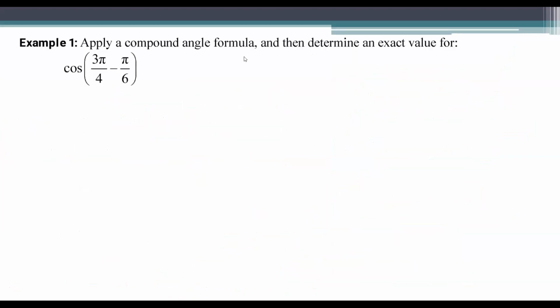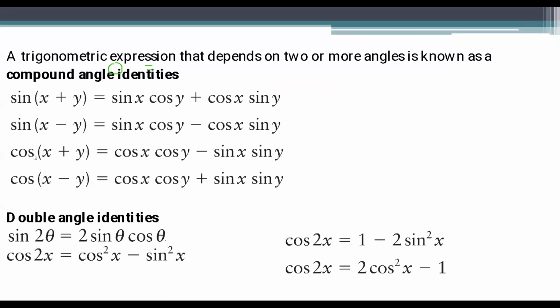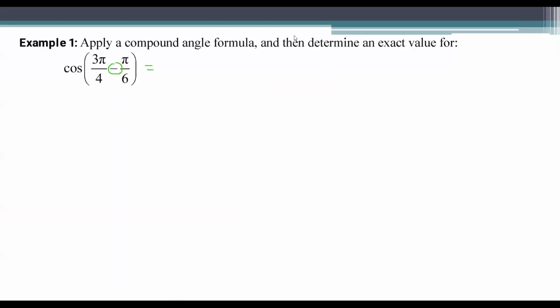So let's apply a compound angle formula to determine the following cosine. Remember that, first of all, for cosine, if we have minus here, it's going to be plus in the formula. Is that correct? Cosine minus, we have plus in the formula. Great.